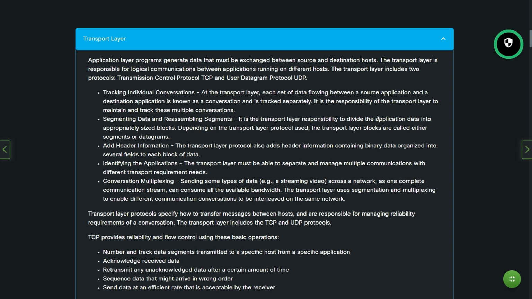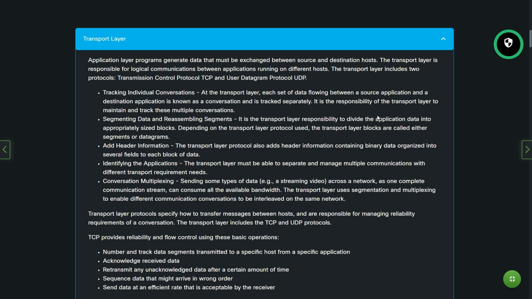The transport layer must be able to separate and manage multiple communications with different transport requirements. And the last point is conversation multiplexing. Sending some types of data, for example streaming video, across a network as one complete communication stream can consume all the available bandwidth.